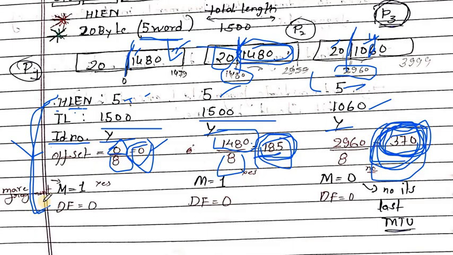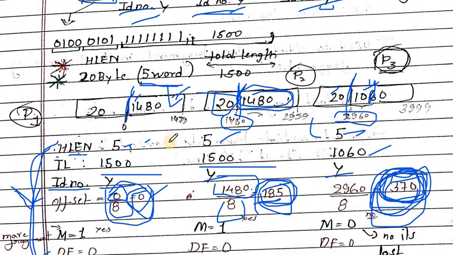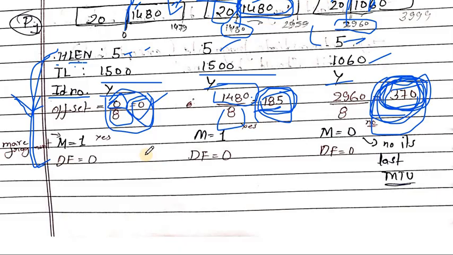So have you understood why the offset value is used? The offset value is used to check the ordering of the fragments. Now the more fragments flag: here the value of MF is 1. 1 means more fragments.